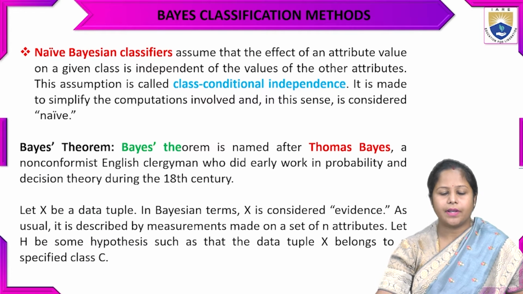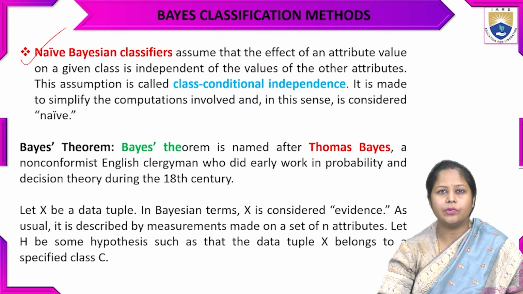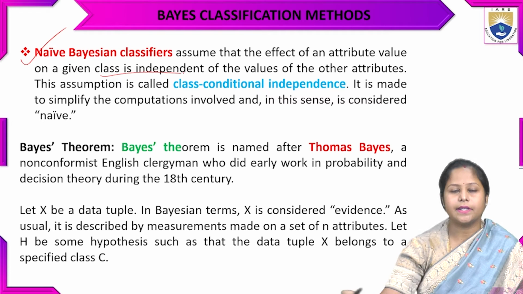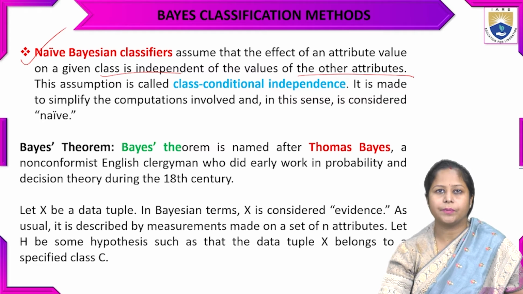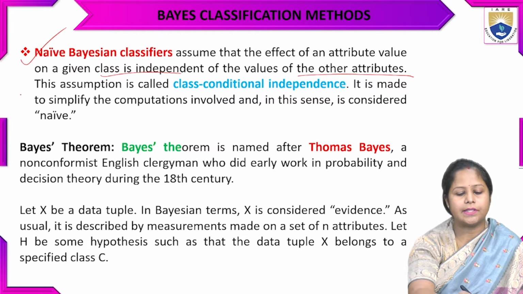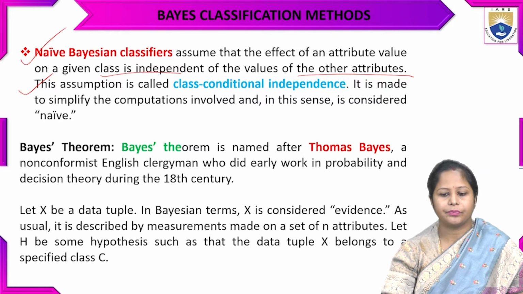The naive Bayesian classifier assumes that the effect of an attribute value on a given class is independent of the values of the other attributes. This assumption is called class conditional independence.